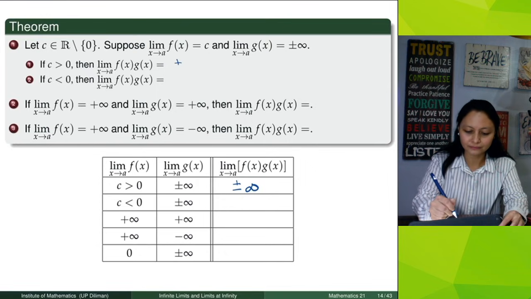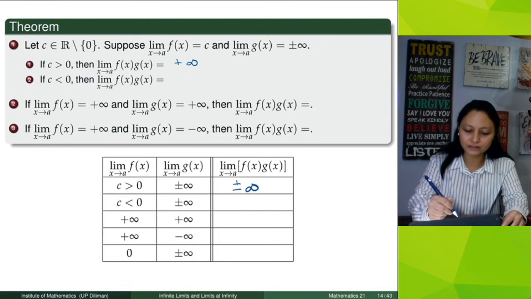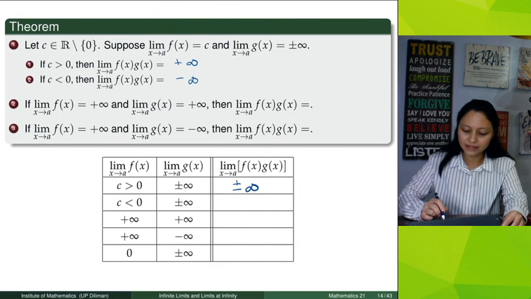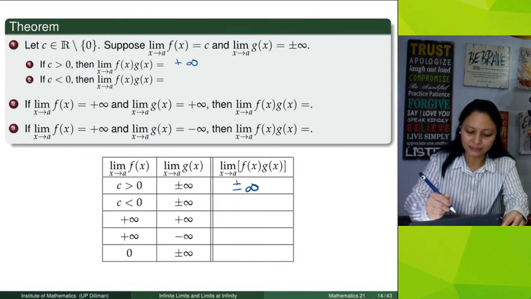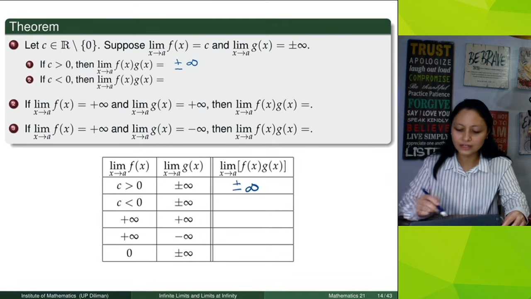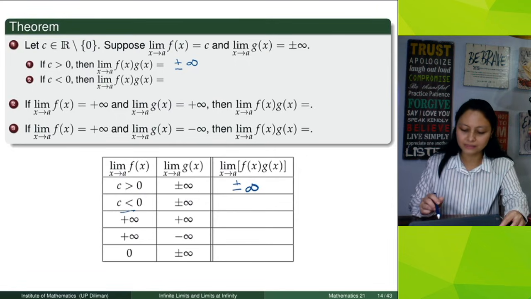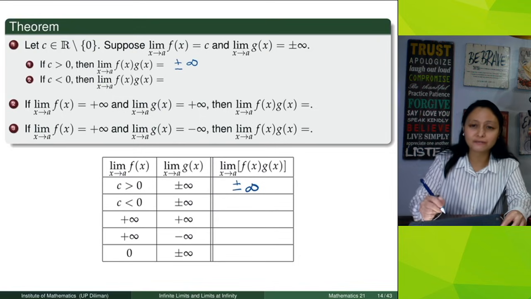Okay? Kung negative yung limit ng g of x as x approaches a, positive times negative is negative infinity. Okay. Now, if the constant is negative, so negative times plus or minus infinity, marireverse yung sign.